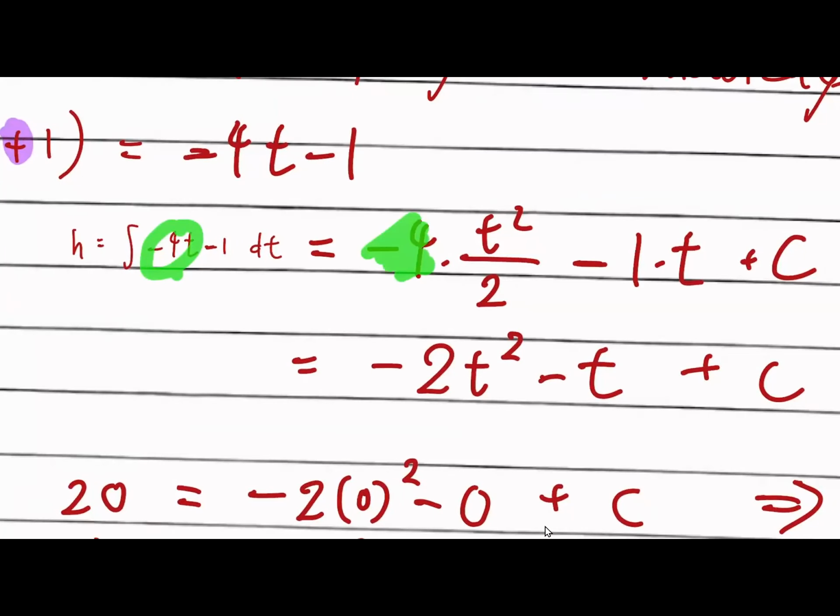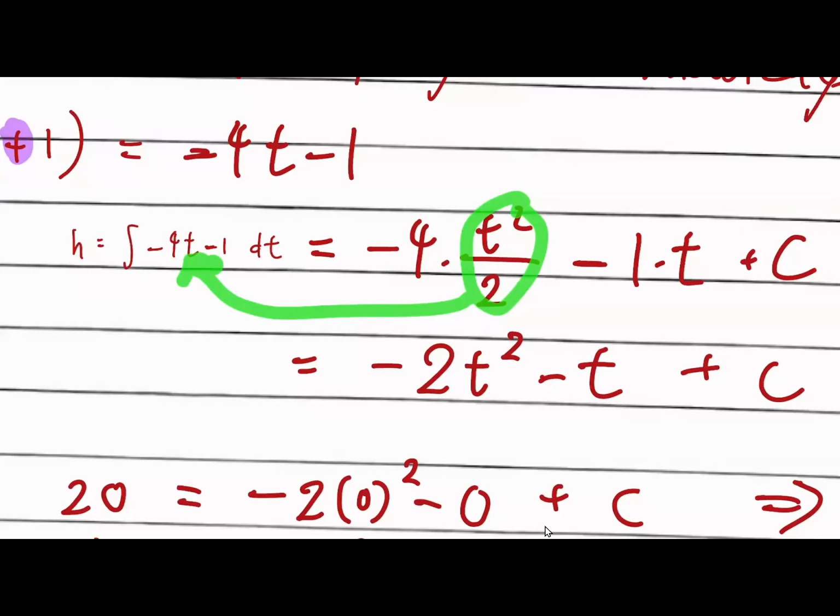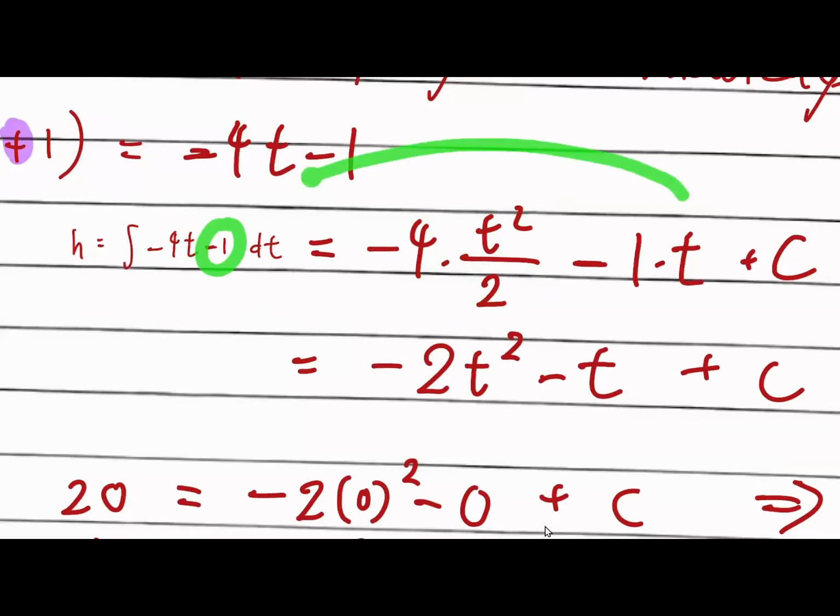You can factor out the negative 4 and focus on the t. Differentiate what gives you t? There's only one answer, t squared over 2. You try, differentiate this, you get t. Yes, right? Then times negative 4, so it's the same. How about negative 1? Differentiate what gives you negative 1? Must be negative t.